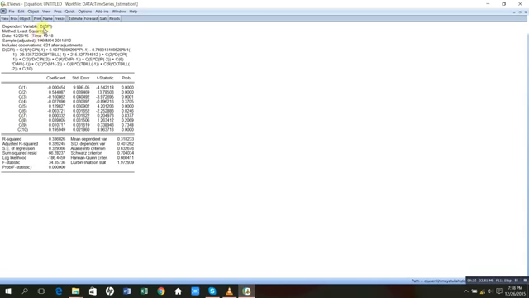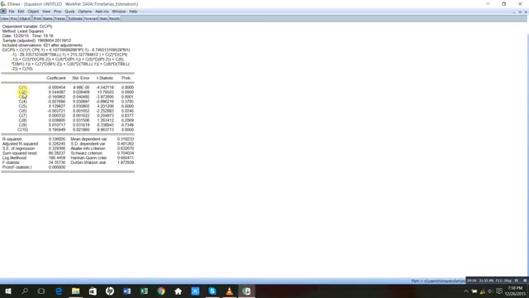This is my model, vector error correction model for the first difference of consumer price index. This is the equation, these are the coefficients, and C1 is the coefficient of error correction mechanism.